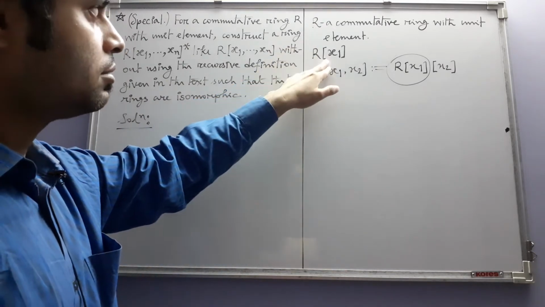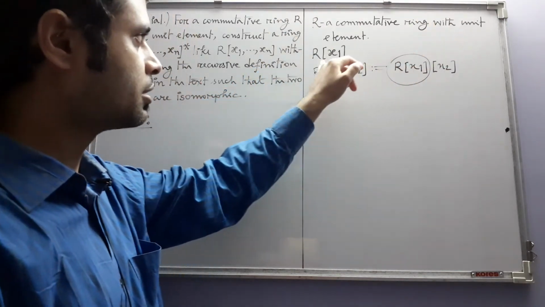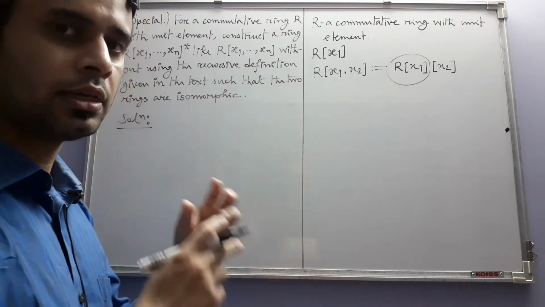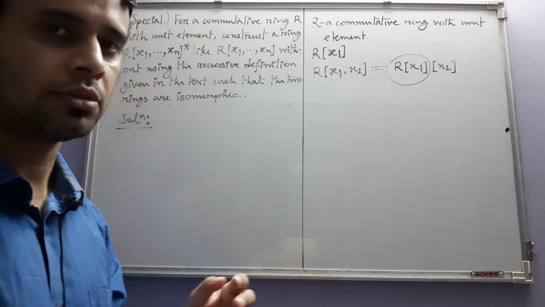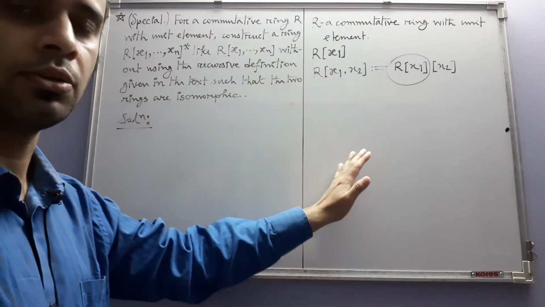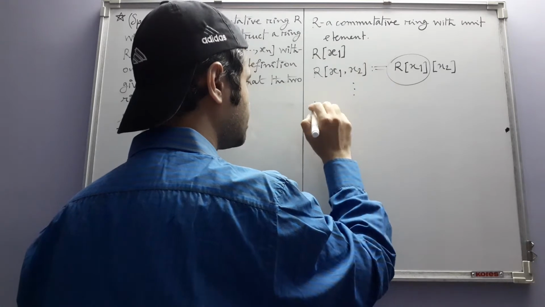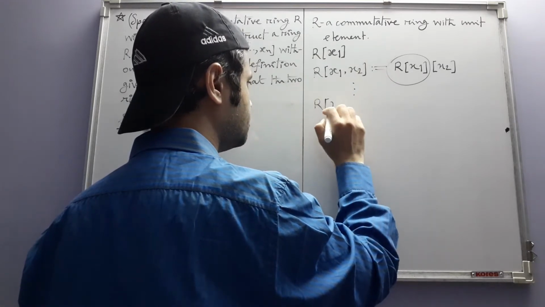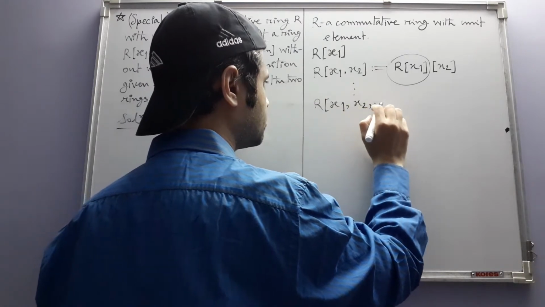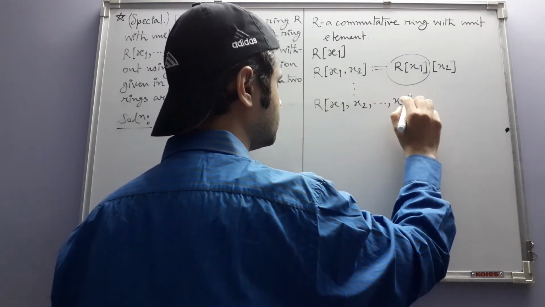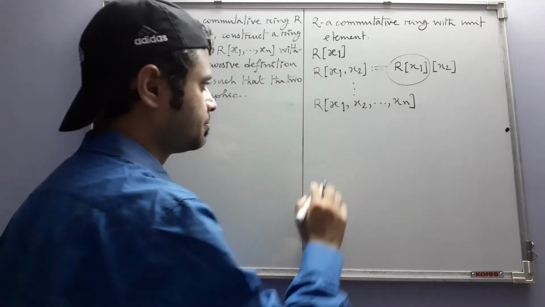So once you convince yourself that when R is a commutative ring with unit element, then so is Rx1, then from that itself it follows that this is also a commutative ring with unit element, and the process goes on. And that's how we get to a general polynomial ring with n indeterminates or n variables.